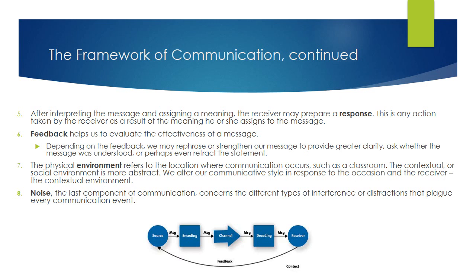So, in terms of a graphical representation, if you look at the bottom of this slide, you have your source, who is sending the message, and they basically encode the message. And what that means is they're selecting specific words, phrases, and spelling choices to encode the message. And then that channel, so for example, a text message is your channel, and the receiver then has to figure out what the sender intended.